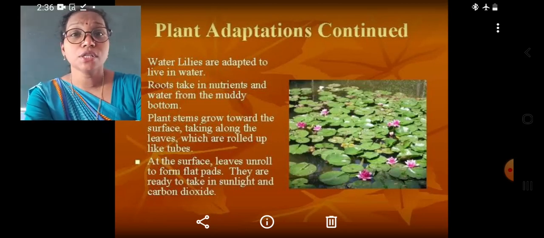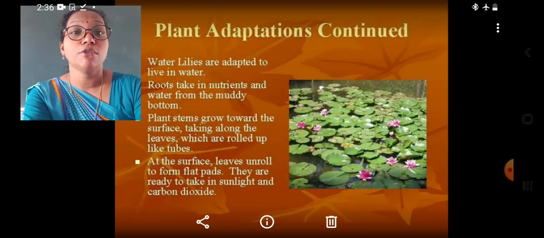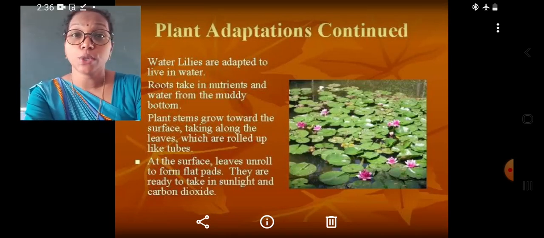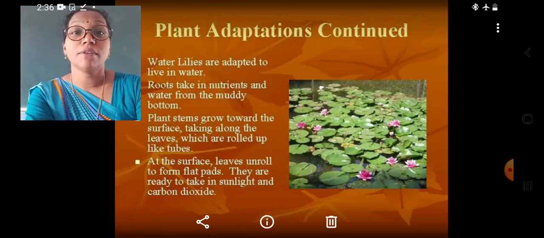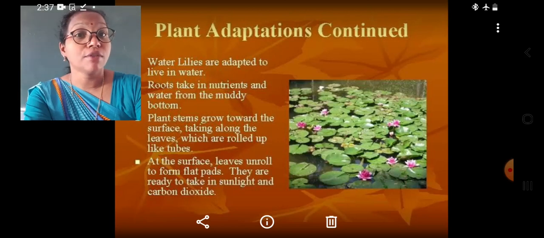The adaptations of plants that are found in water are, they are covered with a thick cuticle. The stem has air cavities to float in the water. The stems are thin to resist the water currents, and their leaves spread on the surface of the water.